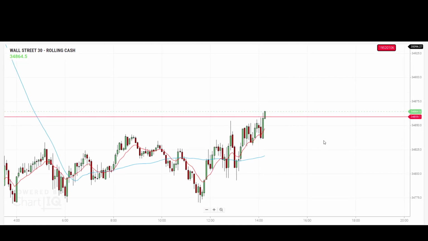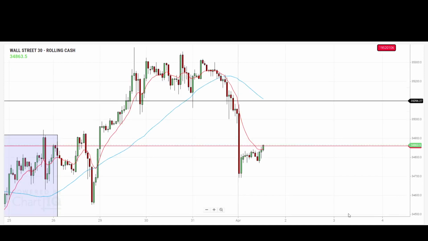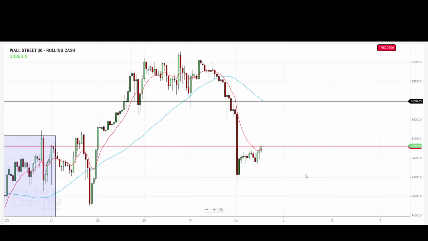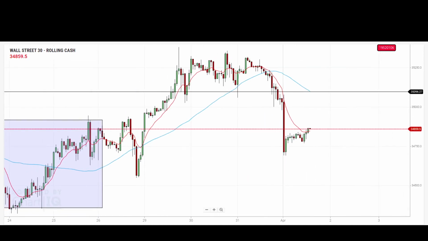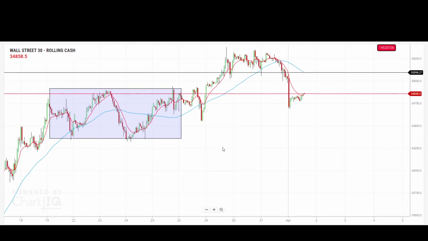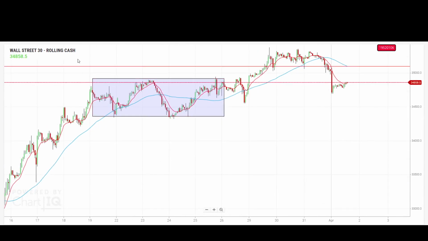and I will wait. So while this trade goes on, let's continue talking about market structure. Market structure. What is market structure? To understand market structure, let's go to a 1 hour chart. Now, market, as you can see, moves.